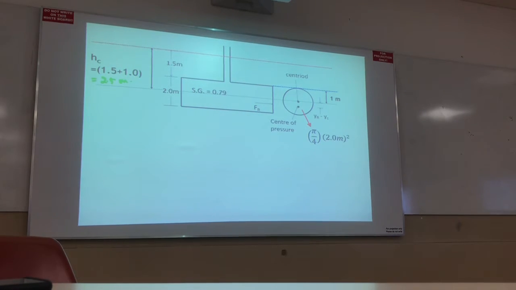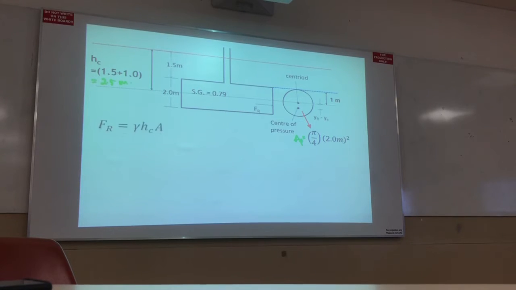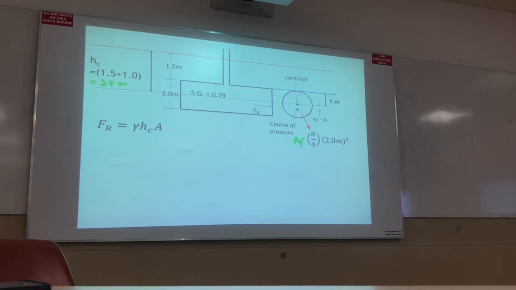So the area is pi by 4 d square, right? This is the area. FR is rho g HC A. How do I get this? FR becomes specific gravity times 9800 for water, times 2.5 times the area. The area is pi by 4 times 4.